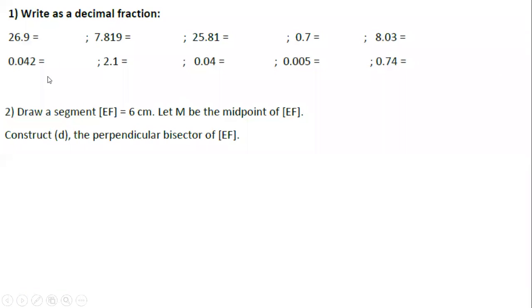Yes, miss. Please, Samia, you have a decimal number 26.9. We should write it as a decimal fraction. What is the first step? What should you write first? Excuse me, miss. Sorry, it's just that you're lagging a bit. When we are changing from a decimal number to a decimal fraction, what should we write first in the decimal fraction? What do you mean?